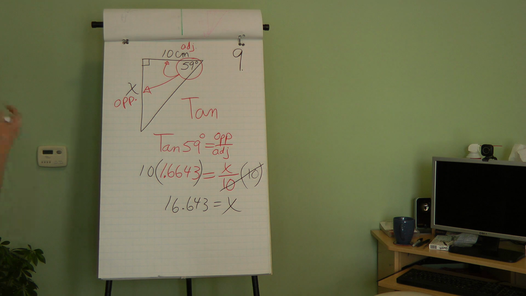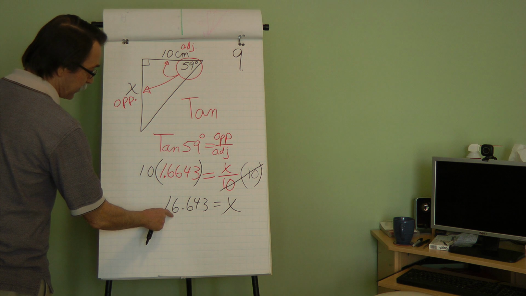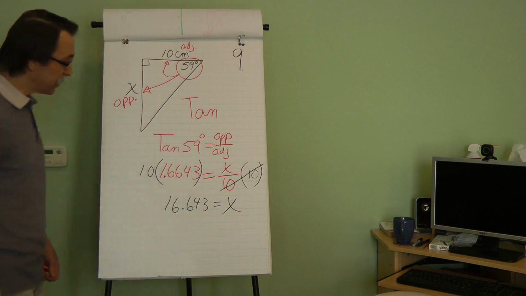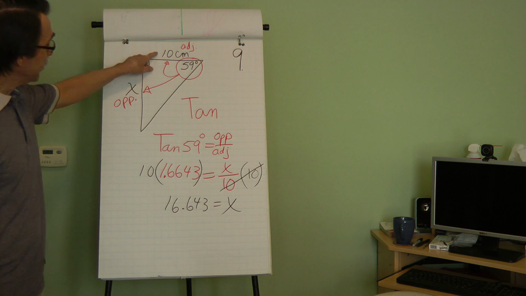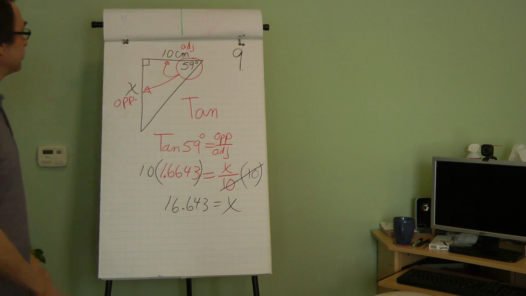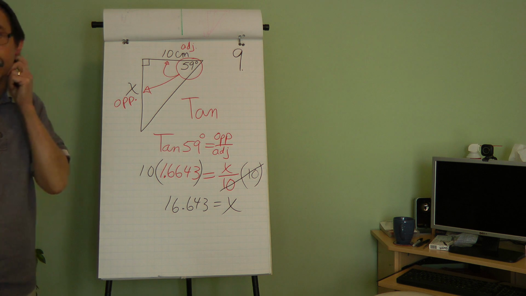Now, I just want to take a look at this value here. This value is taken to 3 decimal places. Yet the value that I gave you up here was 10, with no decimal places whatsoever.